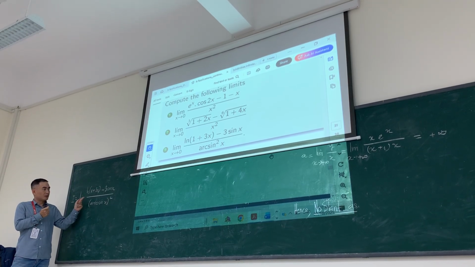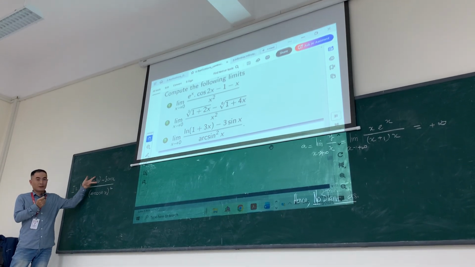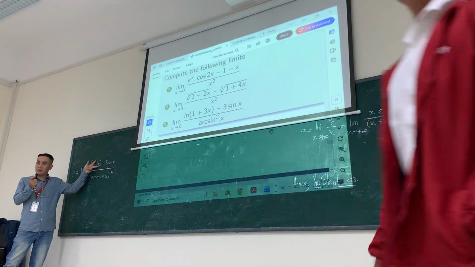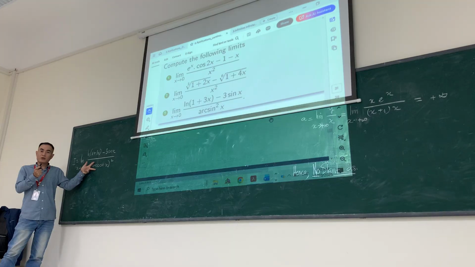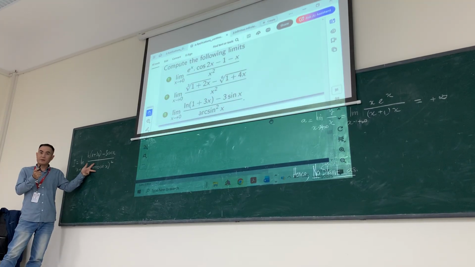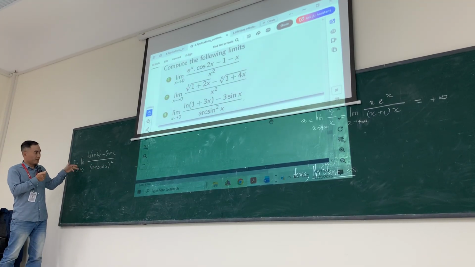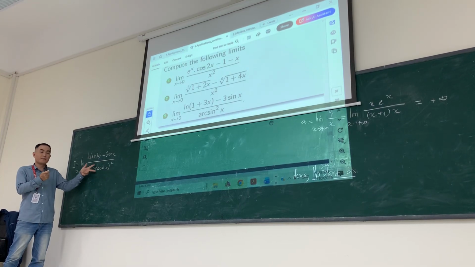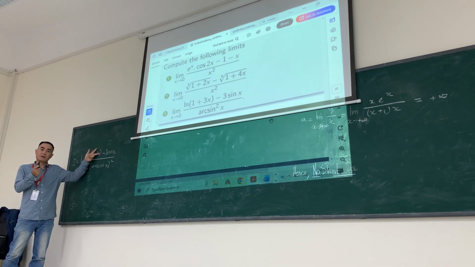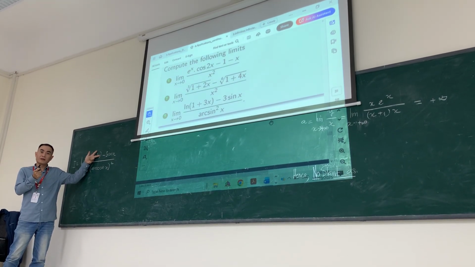When we estimate the limit here, the numerator is infinitesimal and the denominator is infinitesimal. When we estimate the limit here, we can replace the numerator and denominator by their equivalent infinitesimals.